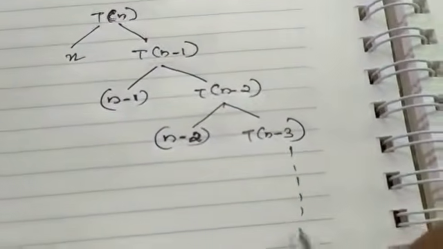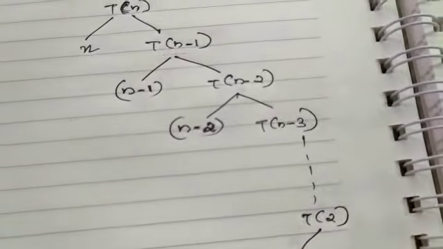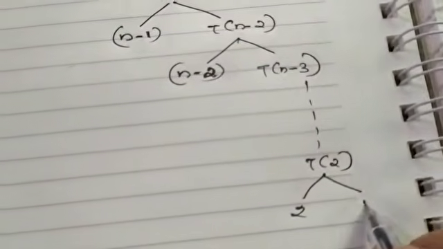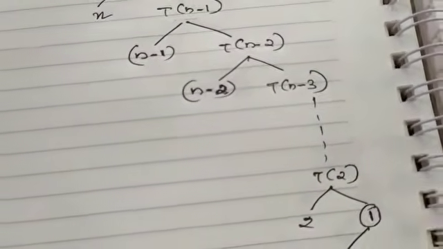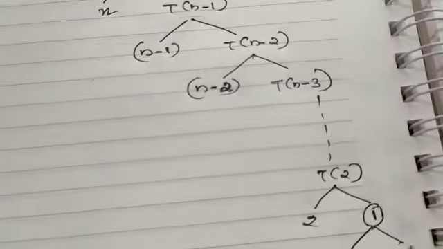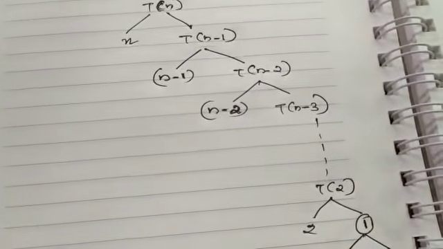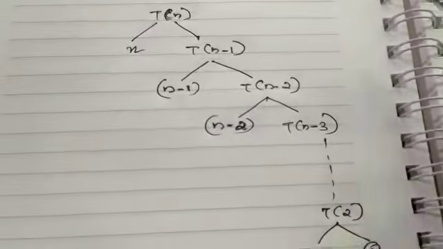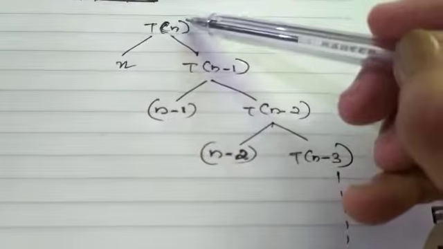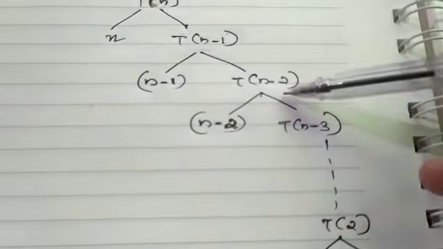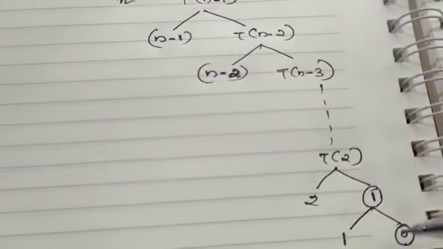Okay, so here I am writing T(2), and what is this T(2)? It will execute 2 times and recursively call itself 1 time. What about this 1? It will execute 1 time and recursively call 0 times, and here the algorithm exits. Observe this T(n). First T(n), then T(n-1), T(n-2), T(n-3), etc., T(2), 1, 0.